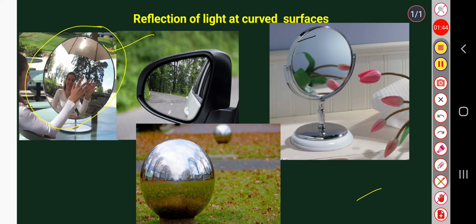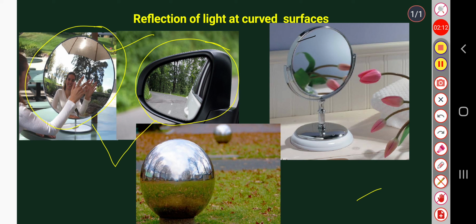You may be familiar with this type of mirror. You have been seeing these mirrors in day-to-day life. This is nothing but a rear view mirror, which is used in vehicles to observe the vehicles or objects passing beside them. You see, in these two mirrors, how is the size of the image?